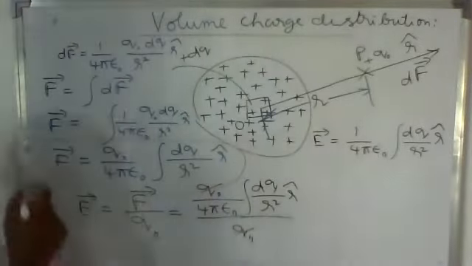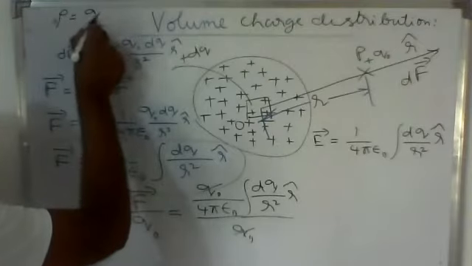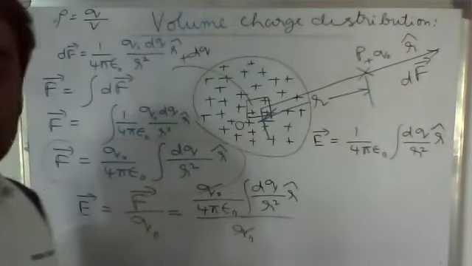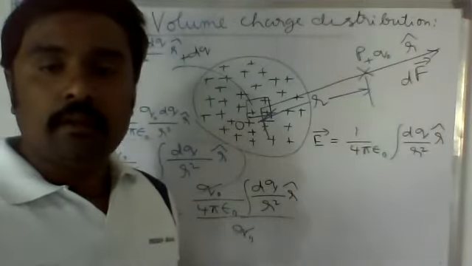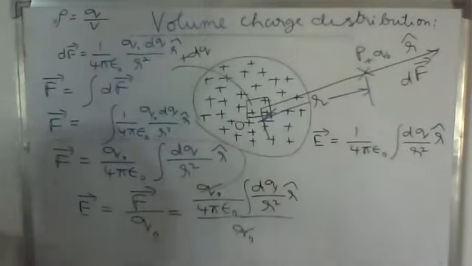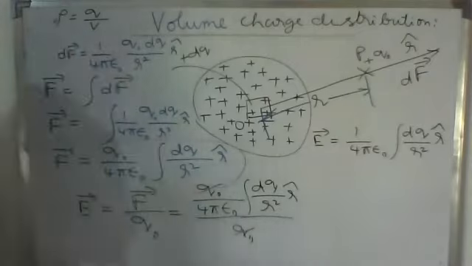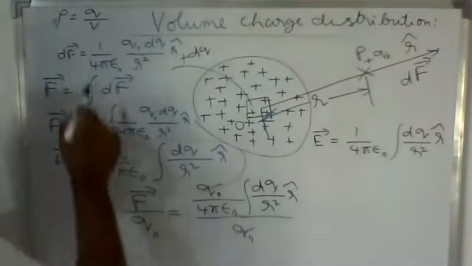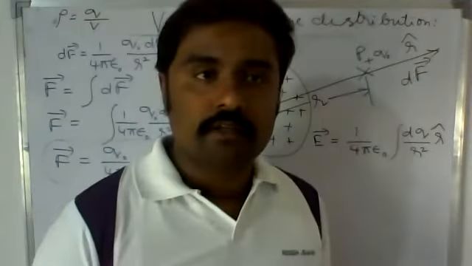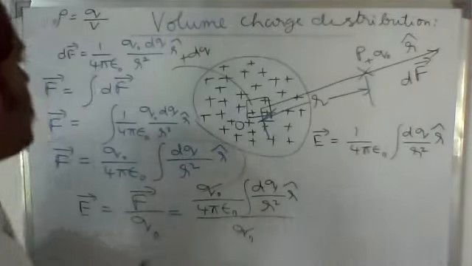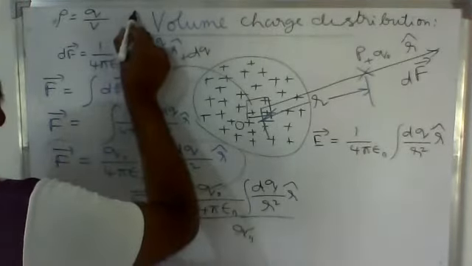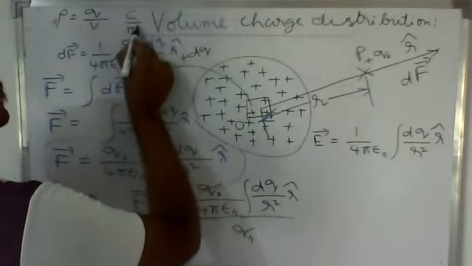The volume charge density means the charge contained per unit volume. So this is the mathematical expression for volume charge density: rho is equal to Q divided by V. The SI unit of volume charge density is coulomb per meter cube.